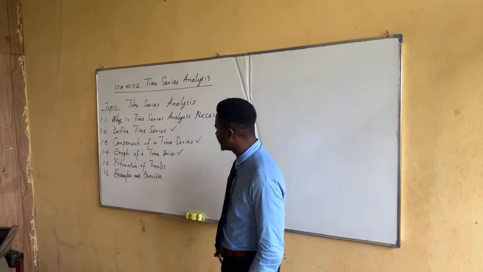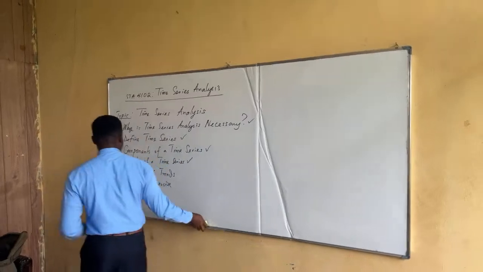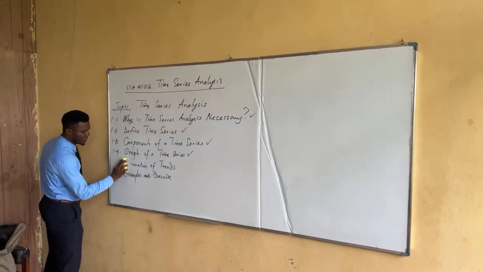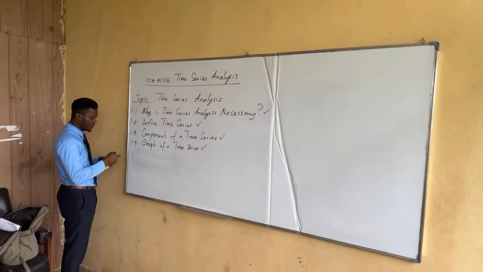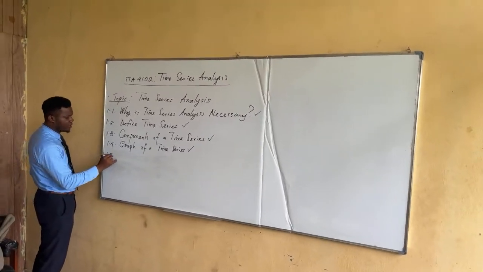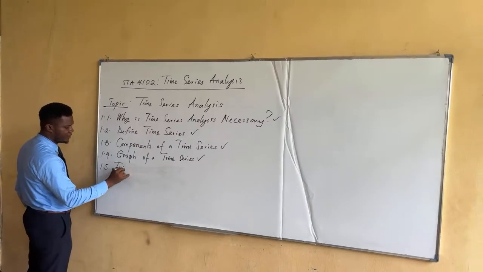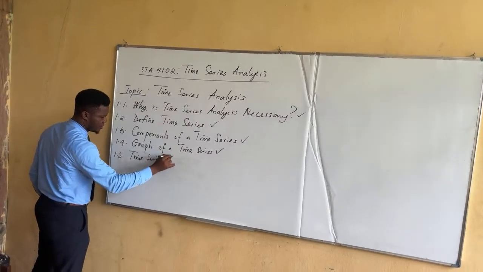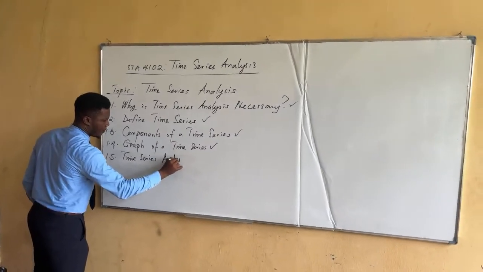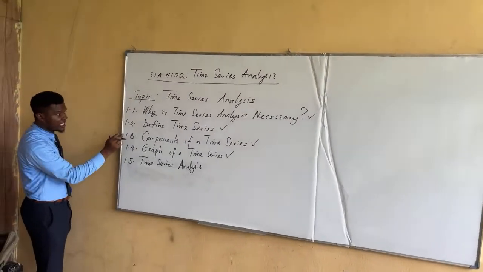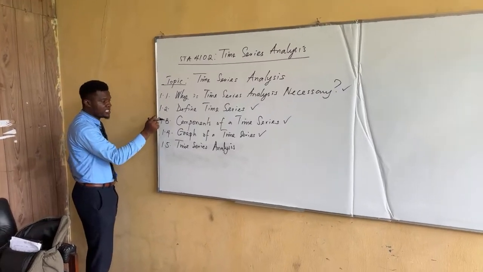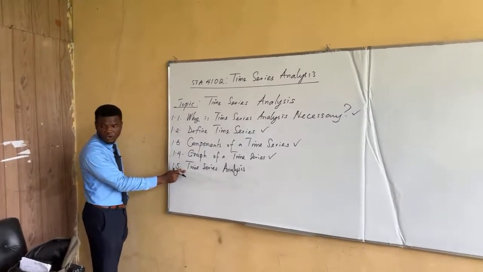Is it clear? Let me clean this off. I'm going to write it again, please, because there's something I would love us to deal with. 1.5, let's put here 1.5 time series analysis. Even as the topic is time series analysis, the essence of explaining all these is to help you understand this.